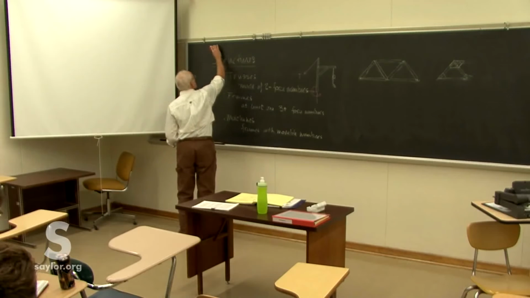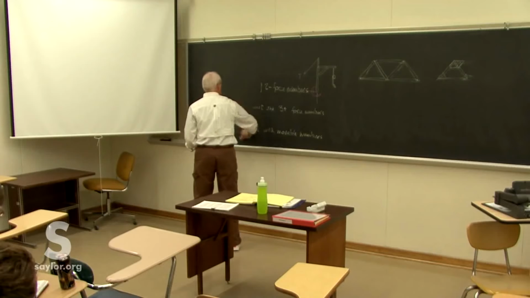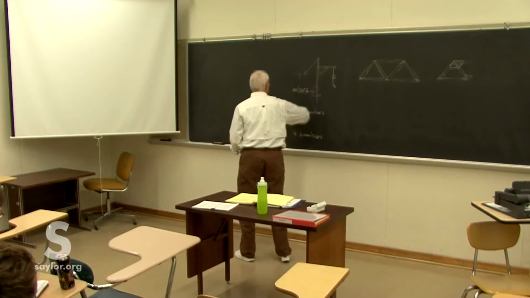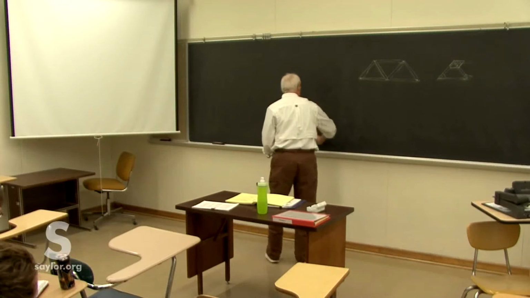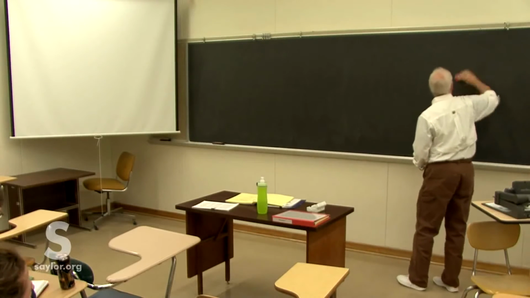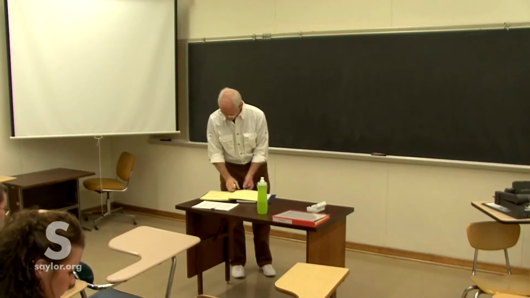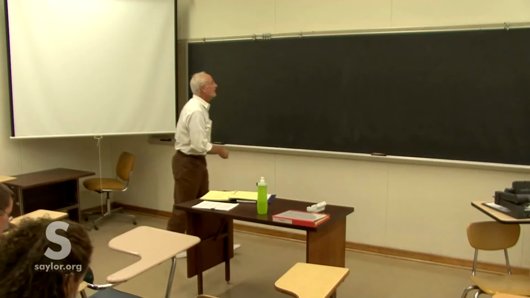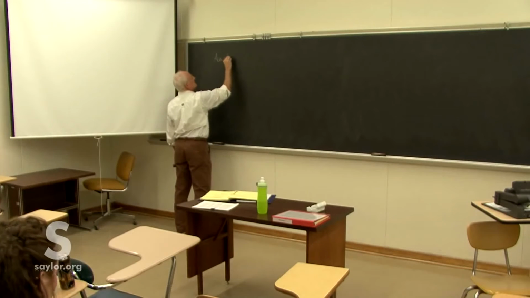All right, so let's now look at the analysis of a simple truss. Simple truss means planar with pinned joints. We're going to have 2 different ways to analyze these.